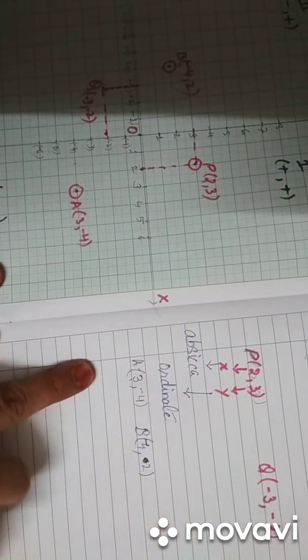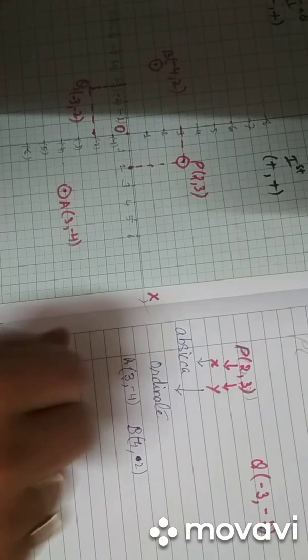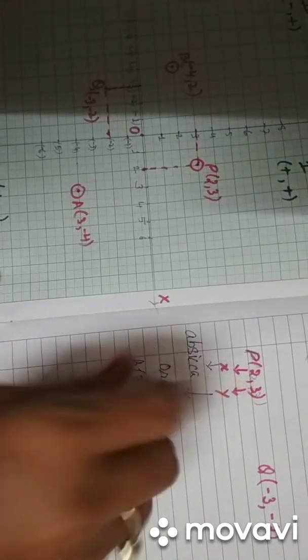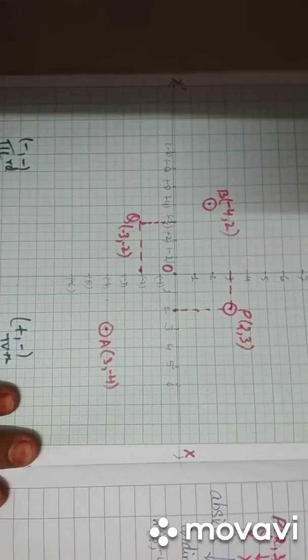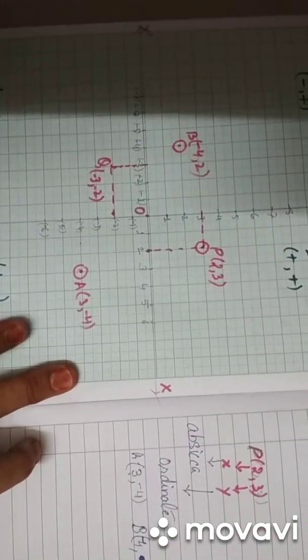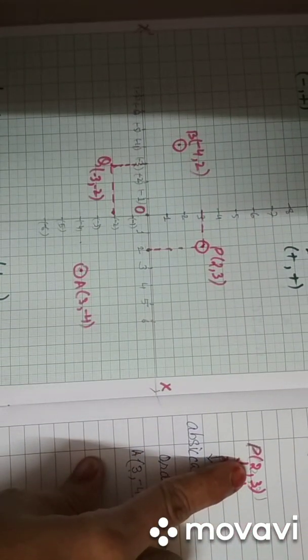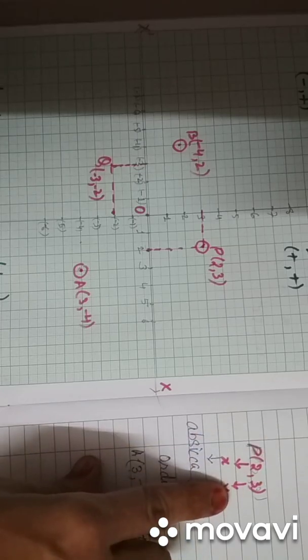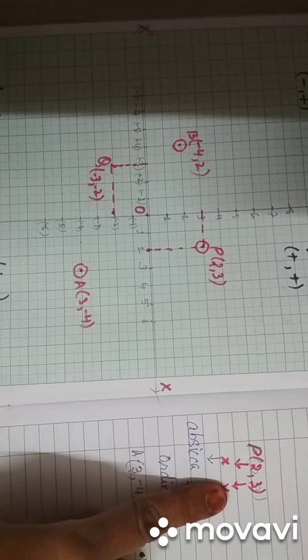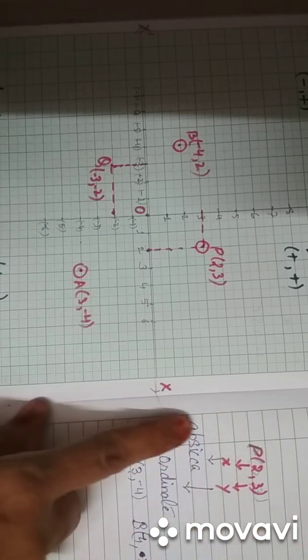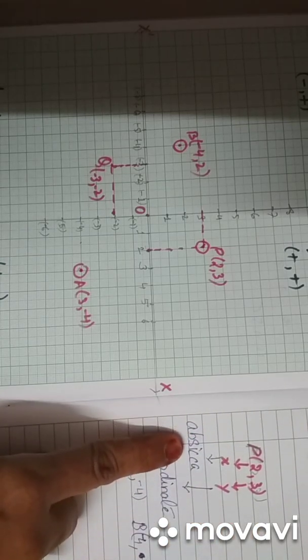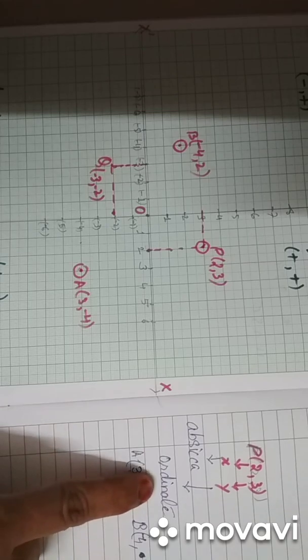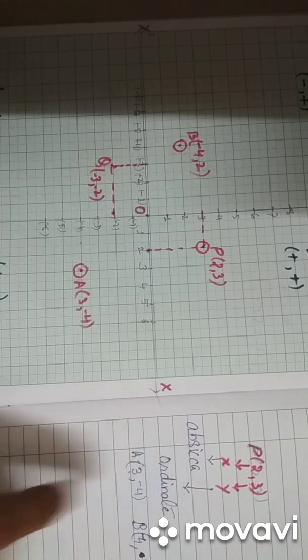Suppose a point P is given like (2, 3), then how can we plot it on a graph? Always read the first coordinate for the x-axis and the second coordinate for the y-axis. The first coordinate is known as abscissa and the second coordinate is known as ordinate.